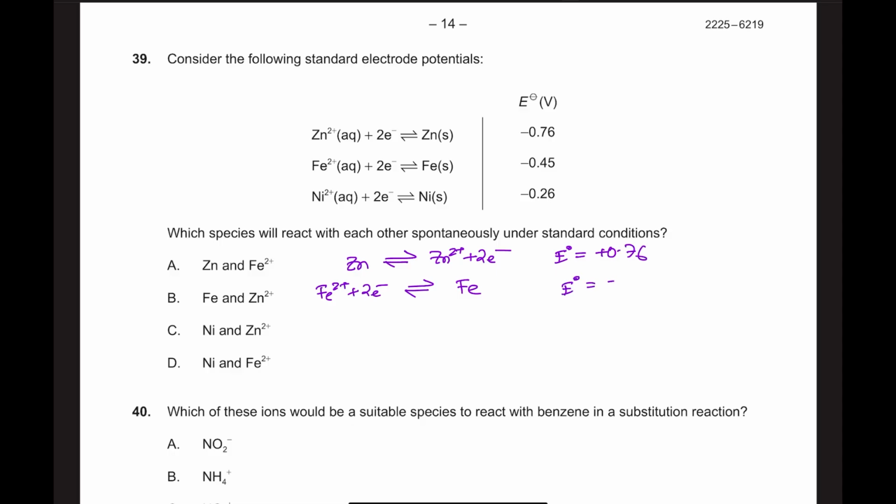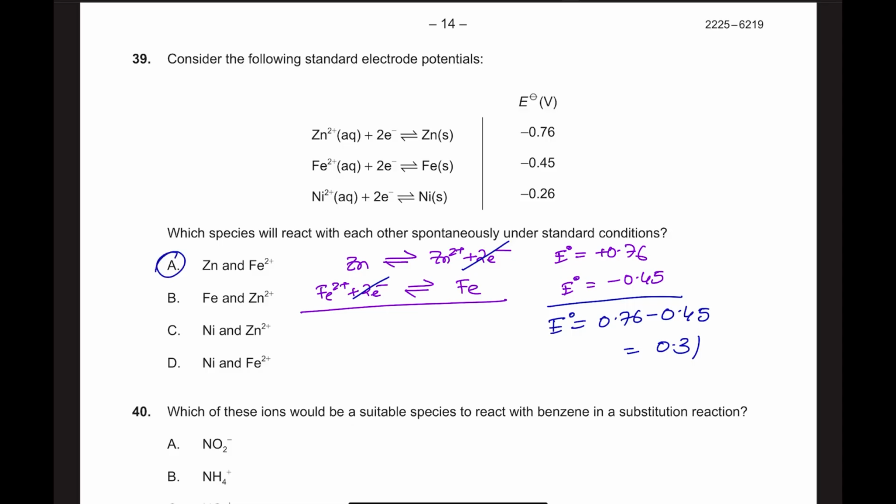The other one will be minus 0.45. Cancel this out. I don't need the reaction, I just need the E naught value. E naught value will be 0.76 minus 0.45. This is 0.31. As E naught is positive, this reaction will be spontaneous. Answer would be A. For any spontaneous reaction, your E naught value should be positive.